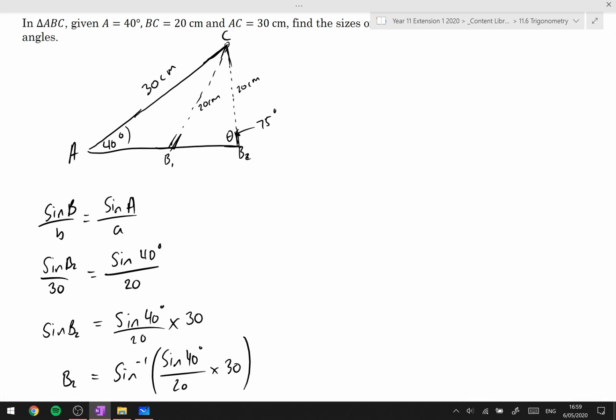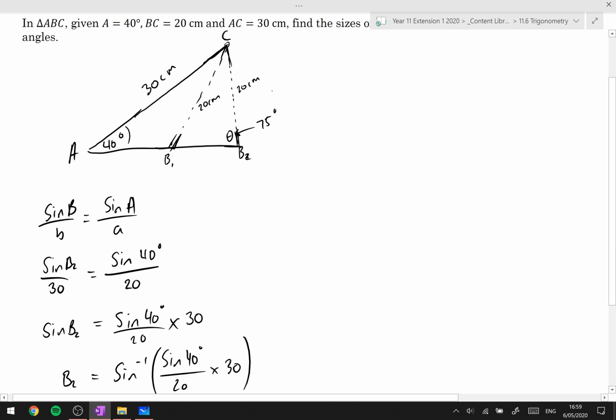Now, what we need to do is work out what the other angle possibly could be, or in fact, if it makes a triangle at all, because we've come up with a picture where I can see this triangle here with the obtuse angle, and this one here with an acute angle. It's not always going to work. In some cases it might not produce one, because this side length won't work for an obtuse or an acute angle.